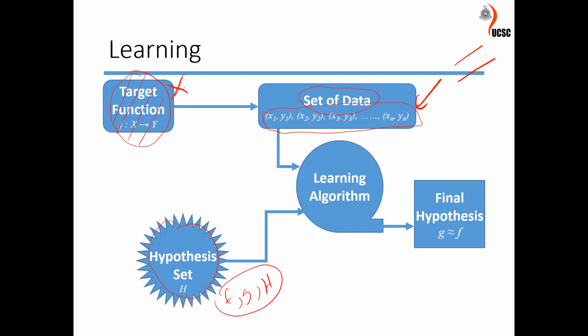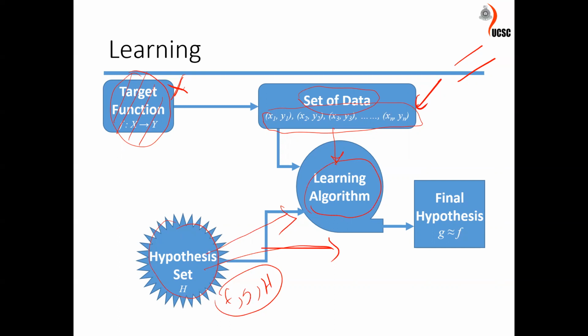We have a set of functions. So what we're going to do is feed the set of data and the set of hypotheses into our learning algorithm. That learning algorithm is going to find the most fitted function, or hypothesis, out of this set. It finds this hypothesis in a very statistical way.